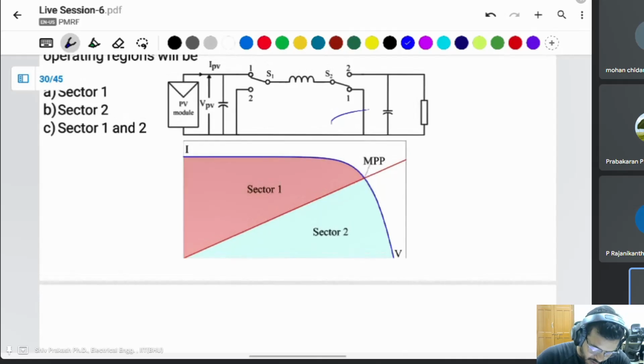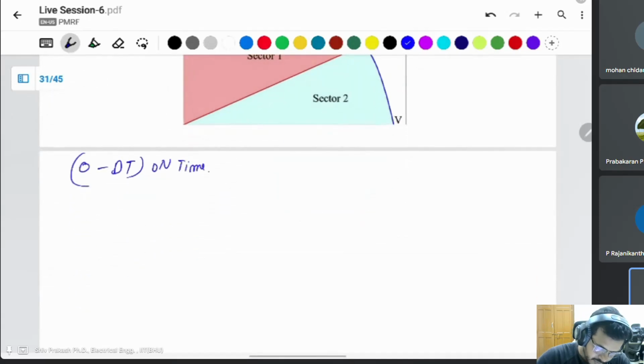First suppose it is on from 0 to DT, this will be the on time. What is the circuit there? The switch is connected like that. This is the circuit. I draw the circuit here.